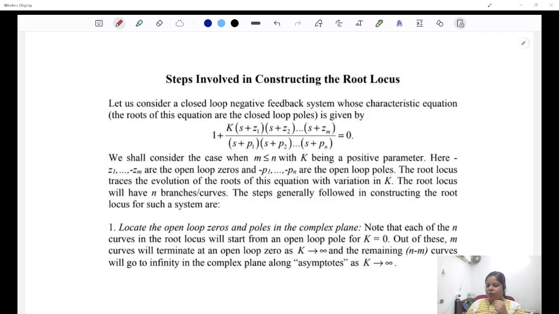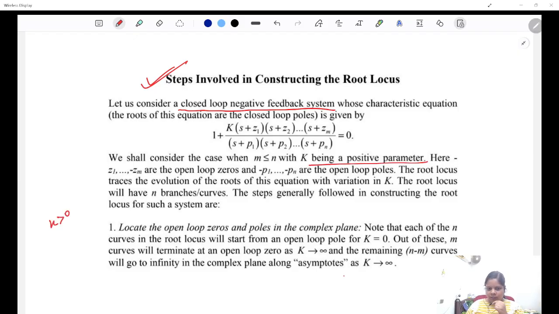The first couple of steps that I'm taking you through are for a closed loop negative feedback system, and there is another condition in this case that k is greater than 0, k being a positive parameter.